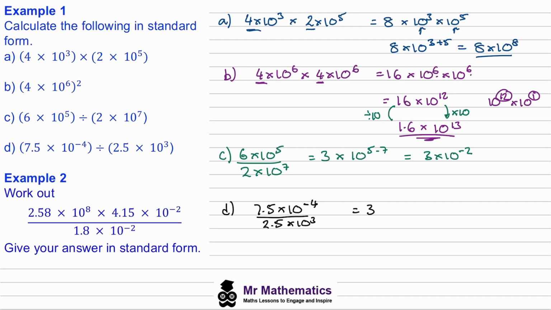And then, using the rules of indices, because it's a division and the bases are the same, we'll subtract this 3 from negative 4. So we'll have times 10 to the negative 4 take away 3, which will give us 3 times 10 to the power of negative 7.